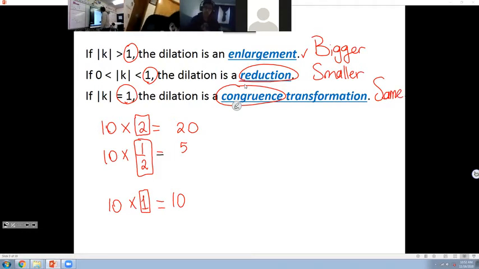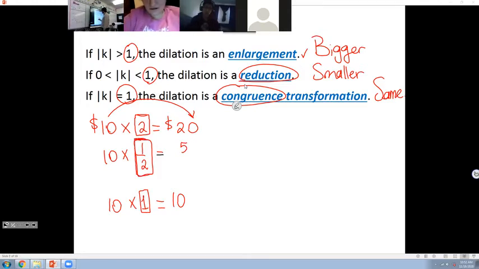Now, if you compare my money, 10 got bigger twice, and it is now 20 bucks. Now it is 20 because I used 2. My scale factor is 2, which is greater than 1. Your expectation should be that you should have more money.